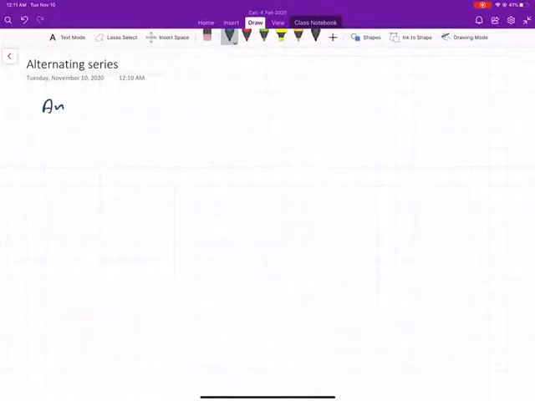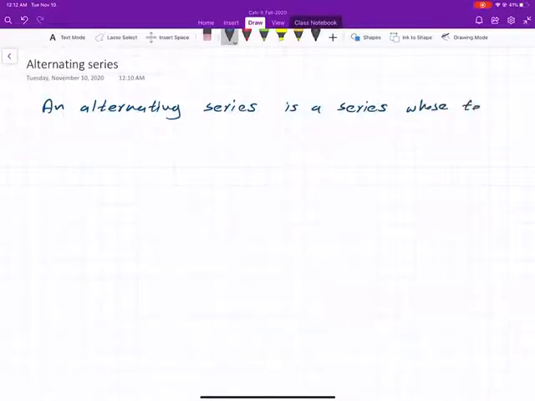An alternating series is a series whose terms are alternatively positive and negative.